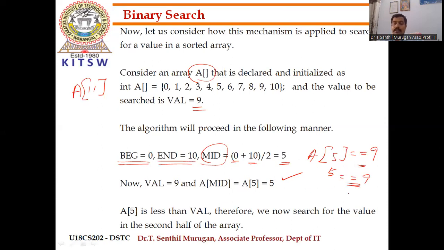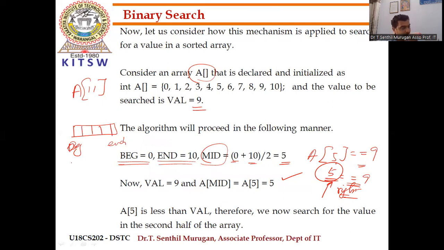A of 5 is less than the value, so from this position we have to check the right side. How will it be split? The array has a beginning and an end, and we continue with this array.